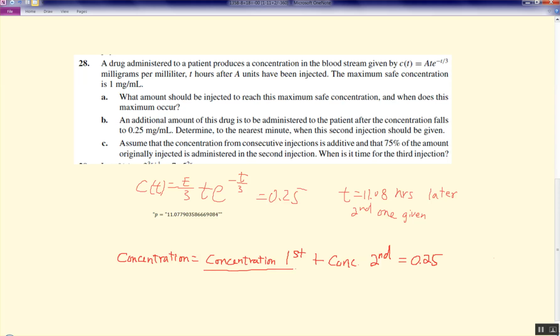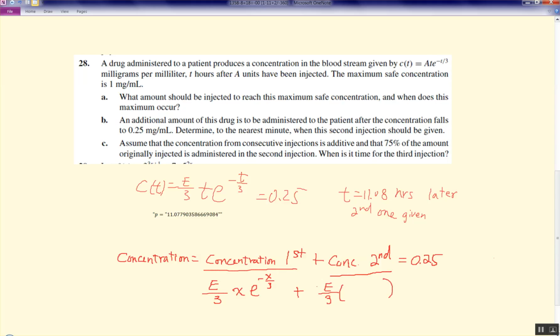And what is the concentration from the first injection? We already know that would be E over 3 divided by x, e to the negative x over 3, right? And what is the concentration from the second injection? We know it also will be E over 3.